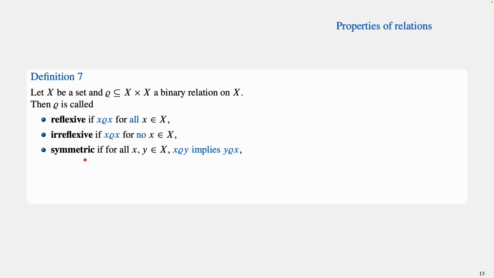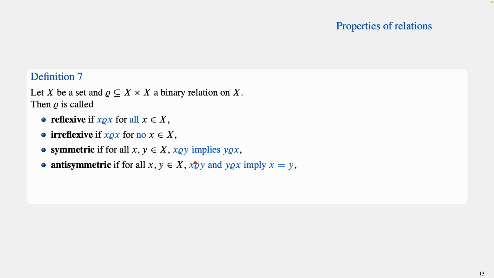We call the relation symmetric if for all elements x, y in the set X, X being related to Y automatically implies that Y is also related to X. So this means saying X rho Y is equivalent to saying Y rho X. And we say the relation is antisymmetric if whenever X rho Y and Y rho X both hold, then it must already imply that X and Y are identical.